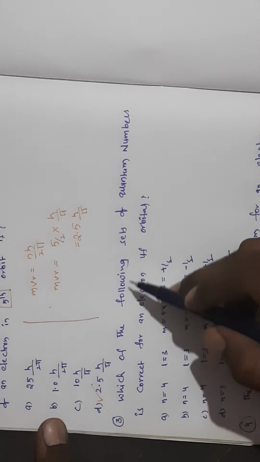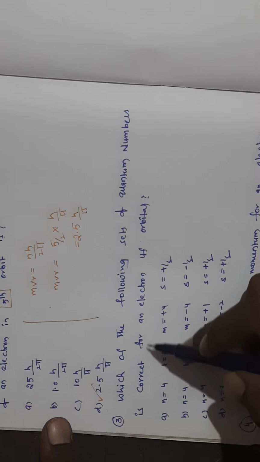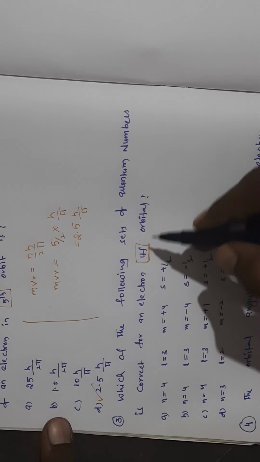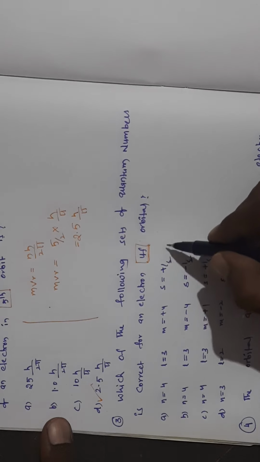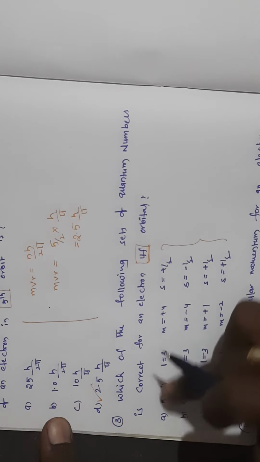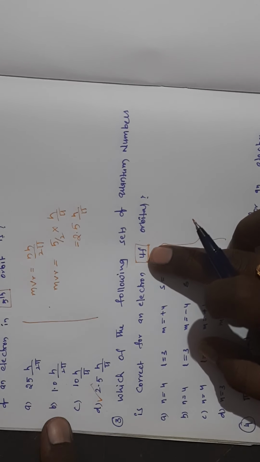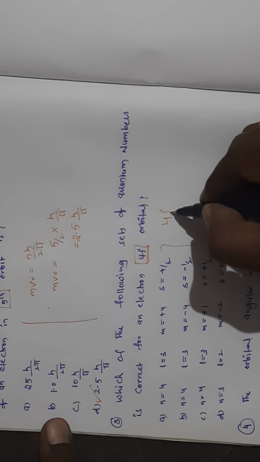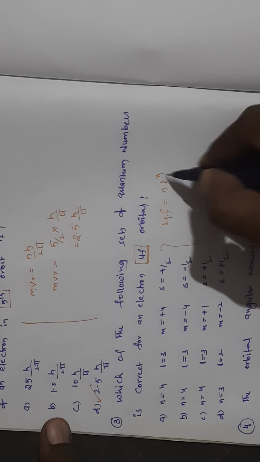Next question. Which of the following sets of quantum numbers is correct for an electron in a 4f orbital? Whenever they give this type of question, among the four options, we have to find which quantum numbers match the 4f orbital. Just compare 4f, the n L x method you have to follow.